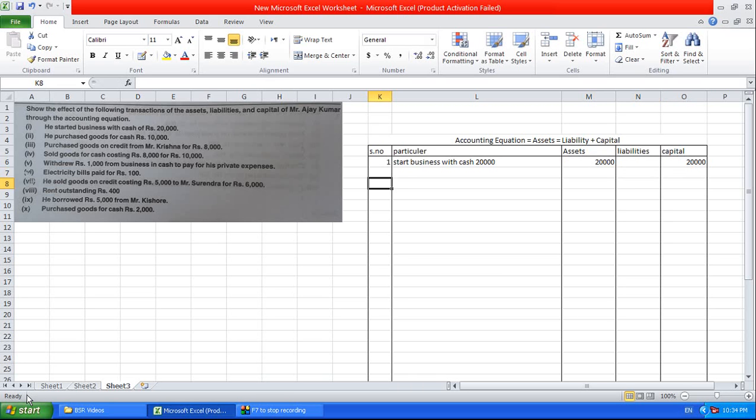Let's go to the second entry. He purchased goods for cash 10,000.